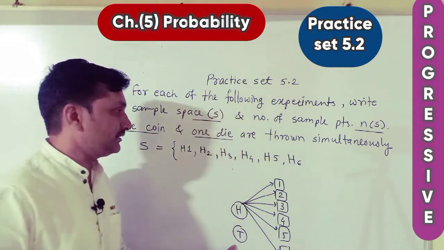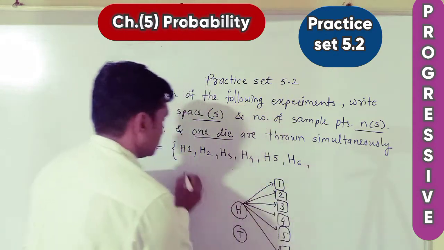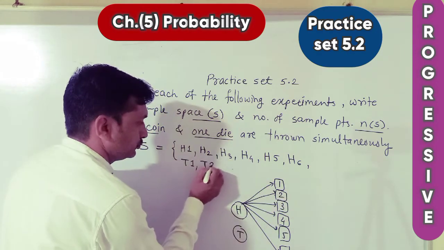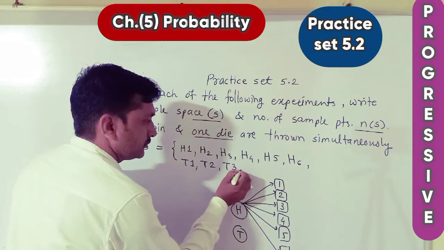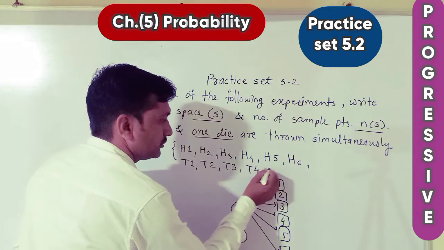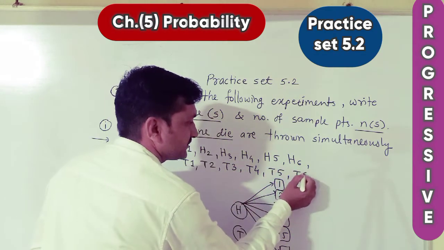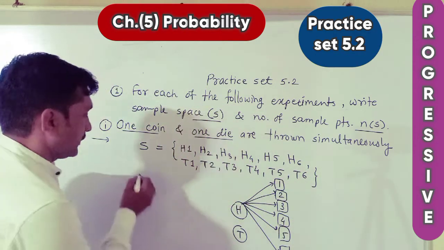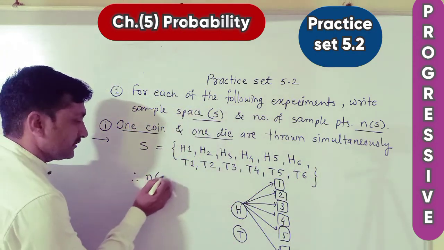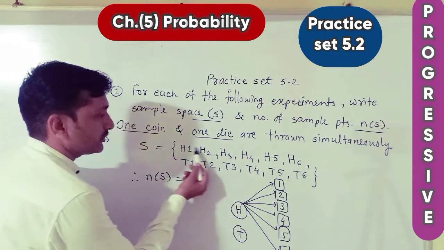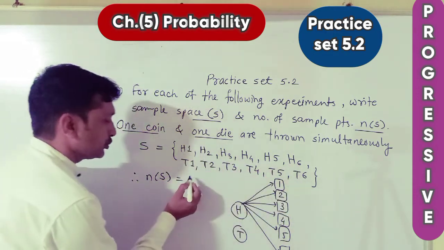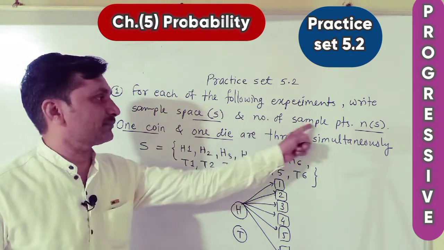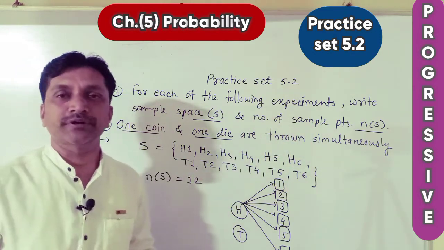In the same way for T: T1, T2, T3, T4, T5, T6, bracket close. This is the sample space, and therefore NS, number of sample points, how many? 6 plus 6, 12. Therefore NS is equal to 12.